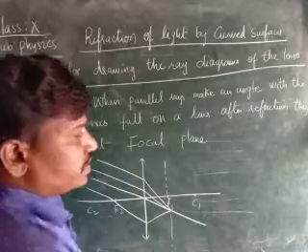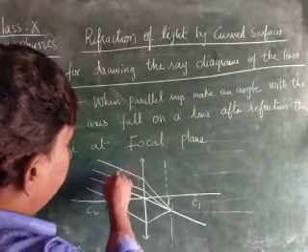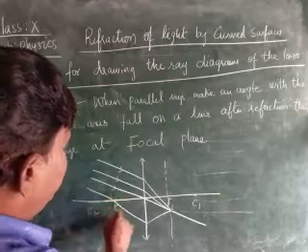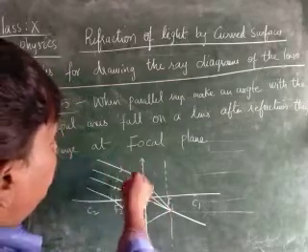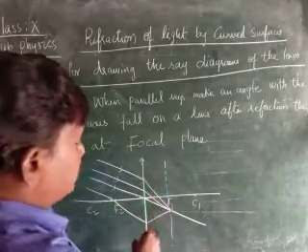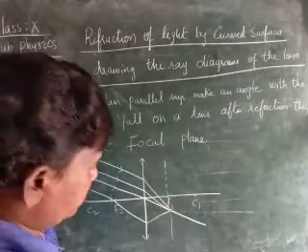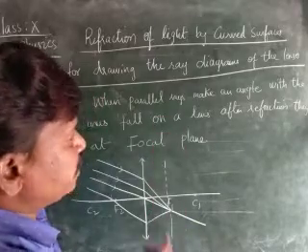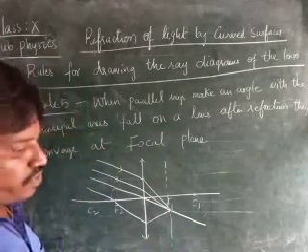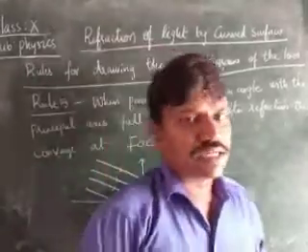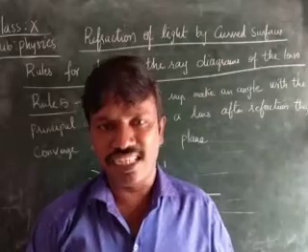Therefore this is called the focal plane. When parallel light rays make an angle with the principal axis, after refraction they converge at a point perpendicular to the focal point, which we call the focal plane. This is the 5th rule, children, and these are the rules related to the convex lens.